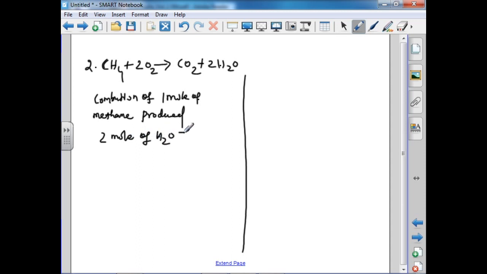It gives 36 gram of H2O divided by 16 gram of methane. So the molar mass of methane is 16 and the molar mass of water is 18. So there is the 2 mole of water, so 36 gram of H2O.